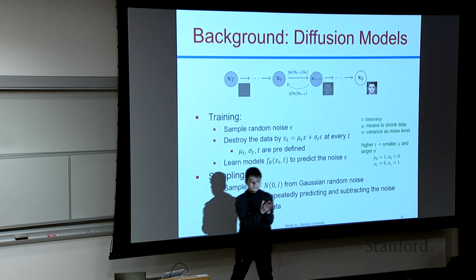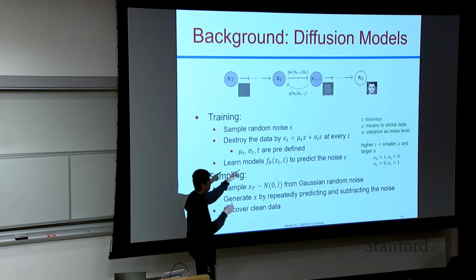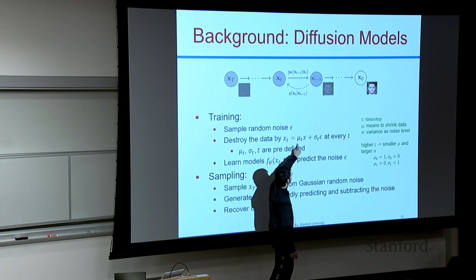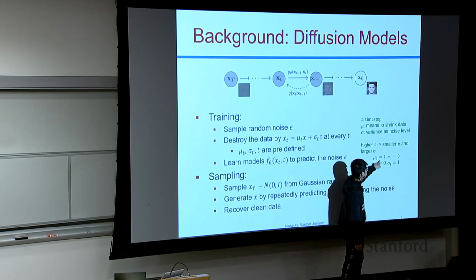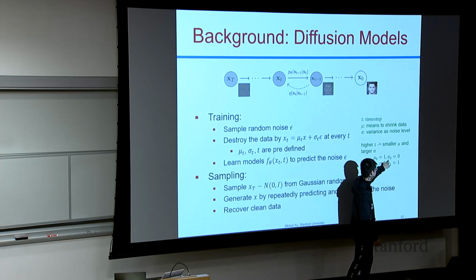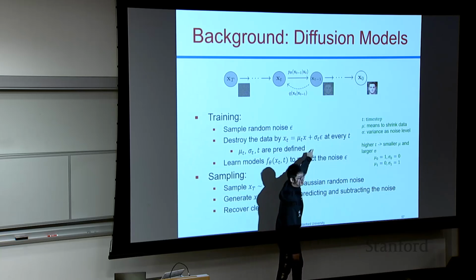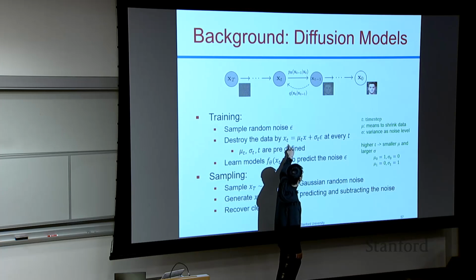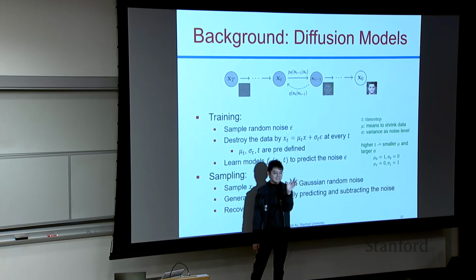In the first few steps, when t is very low, we hope that mu t is nearly 1. So mu 0 is 1, and we define sigma 0 as 0, which means we never destroy the data. With a very low time step t, we just destroy the data a little bit.